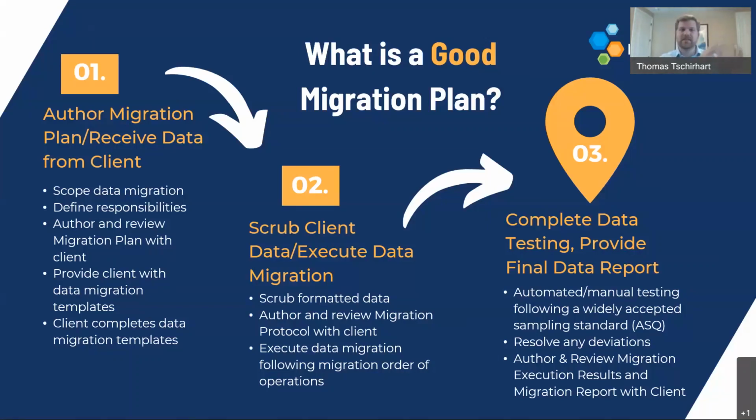Let's say we're moving from an old legacy document system into a new modern document management software. There is an order of operations that we need to follow to move those documents. As we're moving those documents from the old system into the new system, we're going to be filling out various data capture fields, like who's the author for the document, who are the quality approvers, or any other approvers for that particular document.